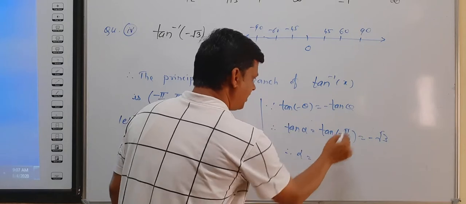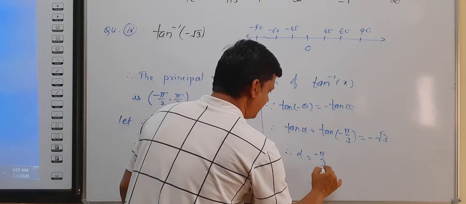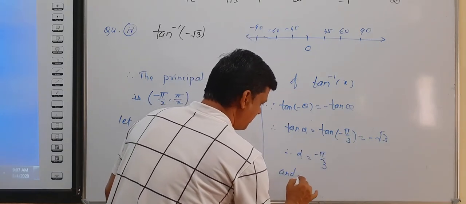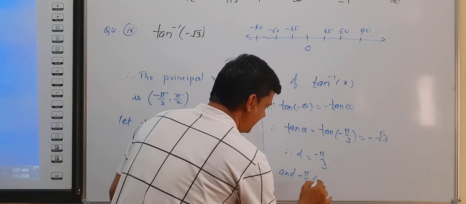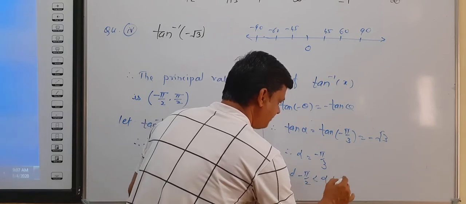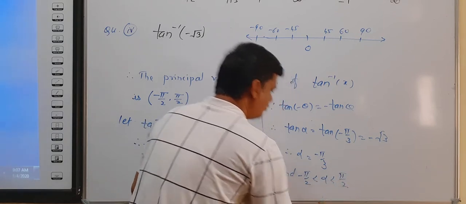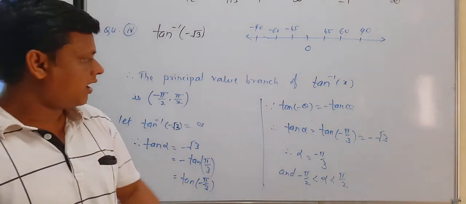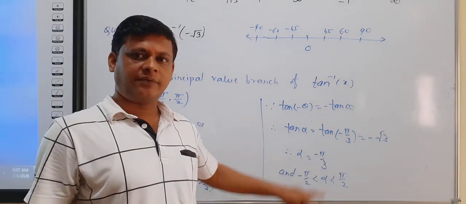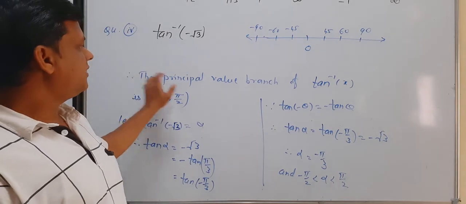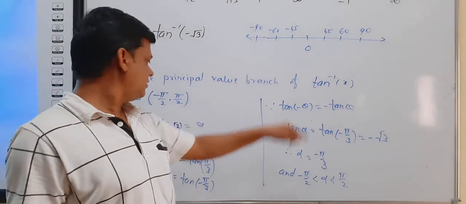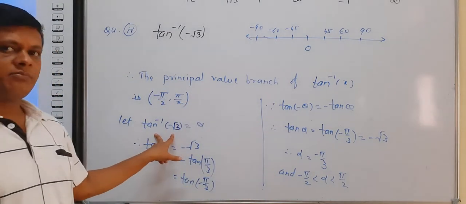Therefore alpha equals minus pi by 3, and minus pi by 2 less than alpha less than plus pi by 2. Therefore alpha equals minus pi by 3 is the principal value of tan inverse of minus root 3.